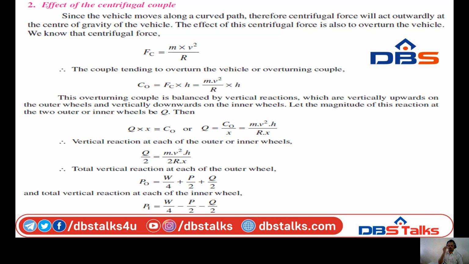This overturning couple is balanced by vertical reactions, which are vertically upwards on the outer wheels and vertically downwards on the inner wheels.